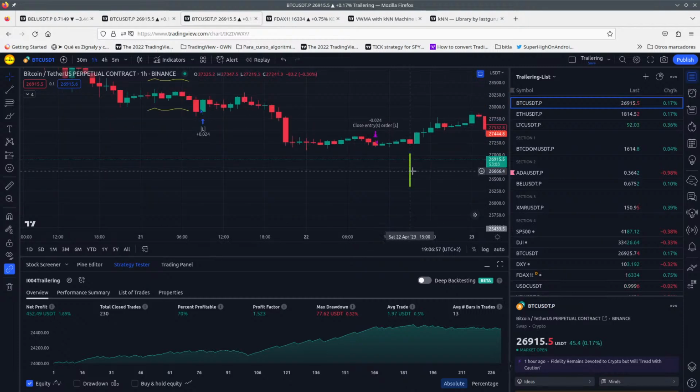Okay, let's see this long one. Yeah, so we are always going to have this, but the low is higher than this one because this is a break, and that's the only way you have.